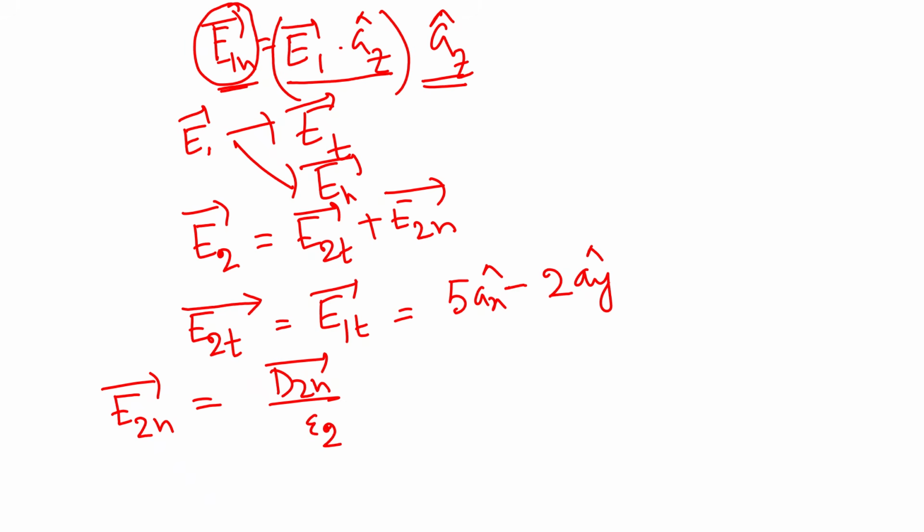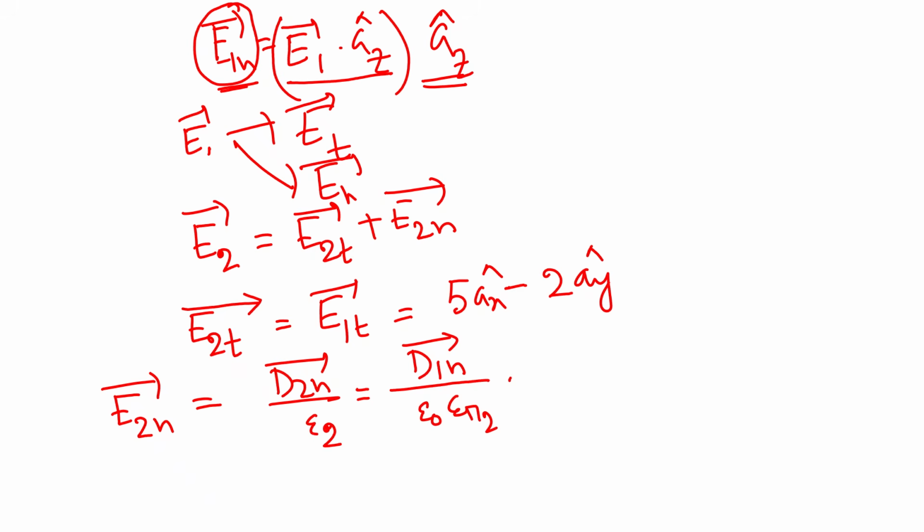This is a very basic formula which correlates electric flux density with electric field intensity. Now this D2n can be written as D1n from the boundary condition of electric flux density, the normal component of electric flux density, and this epsilon 2 can be written as epsilon naught into epsilon r2.